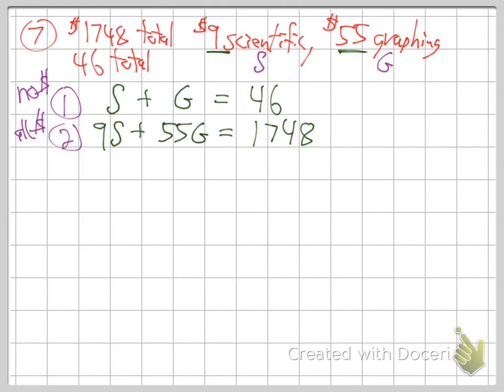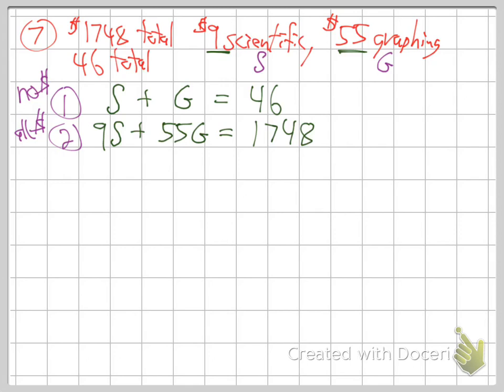You can do that, or you can do the opposites thing. You could make this minus 9s and plus 9s and add them and the s's will drop out. Or you can do the get one alone, plug in. Do you guys care? Is one easier for you than the other? The plug in. Most people like the plug in, I found. I always like the opposites, but that's okay.